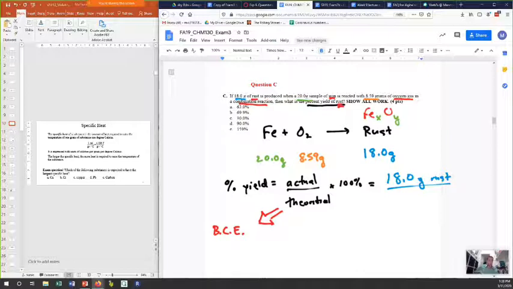You are not required to understand or memorize the charge for iron. Why not? It has tons of possible charges. If we don't know the charge on the iron, we can't determine the ratio of X and Y. If we don't know the ratio of X and Y, we don't have a balanced chemical equation.